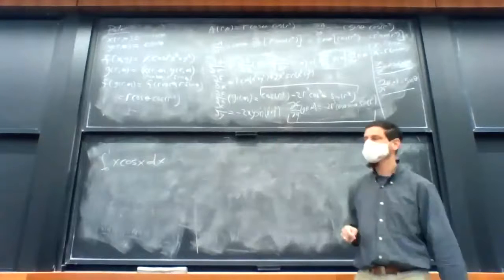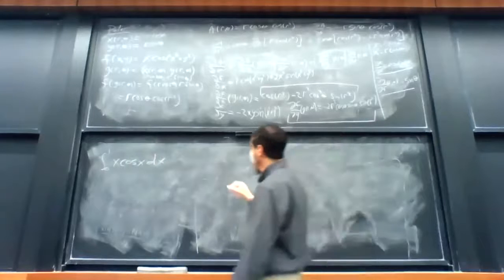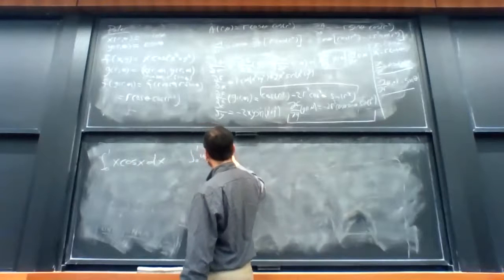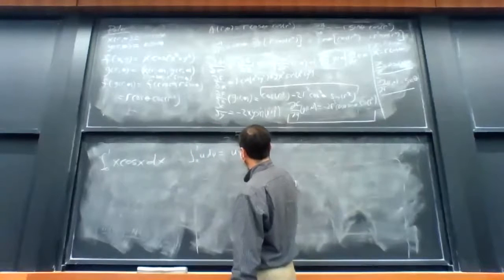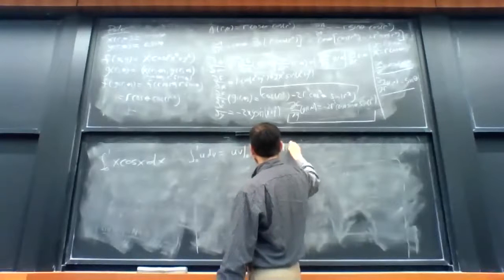So sadly, I don't know a function whose derivative is x cosine x. Well, I know integration by parts. The integral from 0 to 1 of u dv is uv from 0 to 1 minus the integral from 0 to 1 of v du.